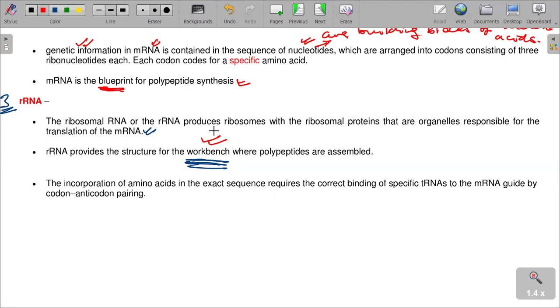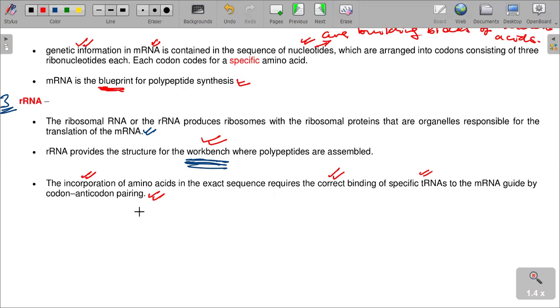So the incorporation of amino acids in the exact sequence requires the correct binding of specific transfer RNA to mRNA, guided by codon-anticodon pairing.